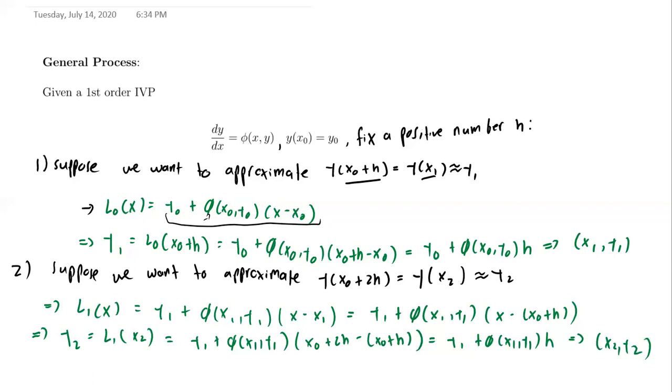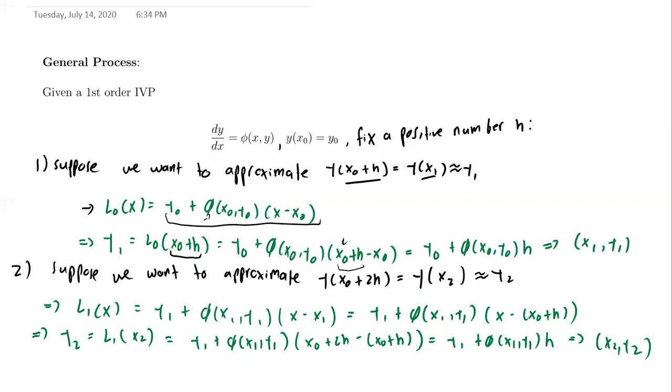Okay, so how do we find y sub 1 from this? Well, you just plug x1 into this linearization. x1 is x naught plus h. So I simplify this, I get y naught plus phi of x naught, y naught times x1, we're replacing x with x1. So x1 is x naught plus h.